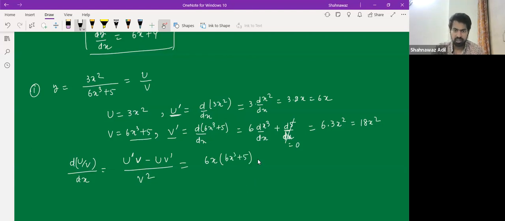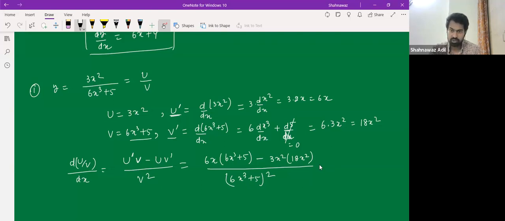Yes, sir. And then minus u, which is 3x squared, and v dash, which is 18x squared, right? And divided by 6x cubed plus 5 whole square. Is that clear, guys? Yes, sir.